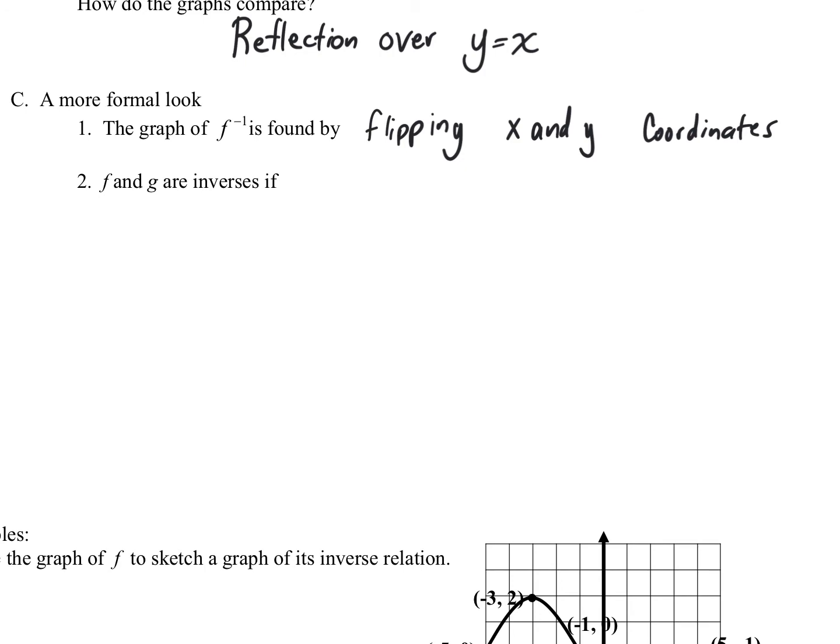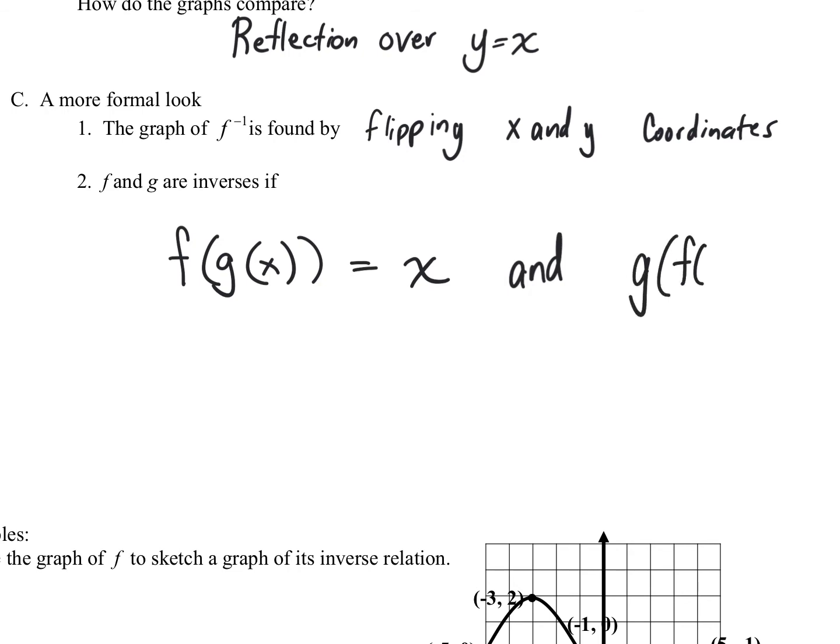f and g are inverses if, and here we're going to pull in some work we did in our previous class, f of g of x equals x, and this is a two-way street. We need to check both. g of f of x also equals x.